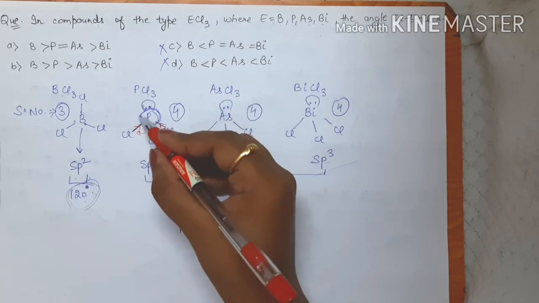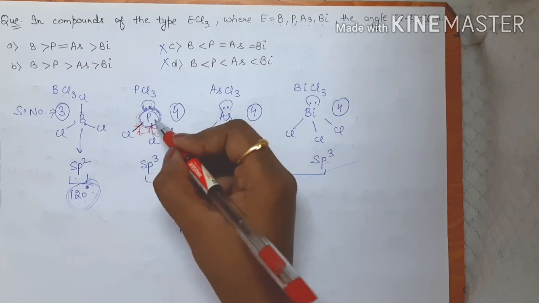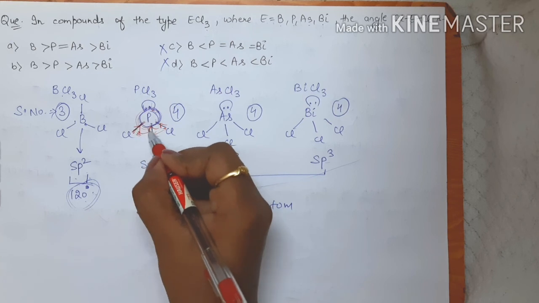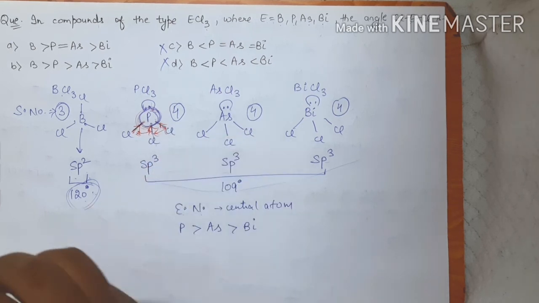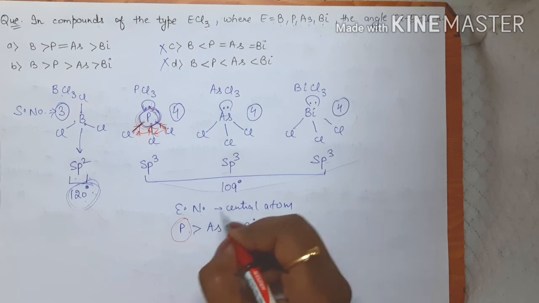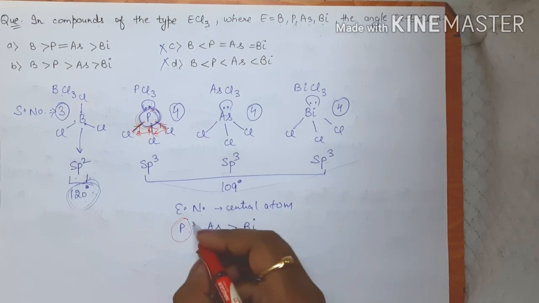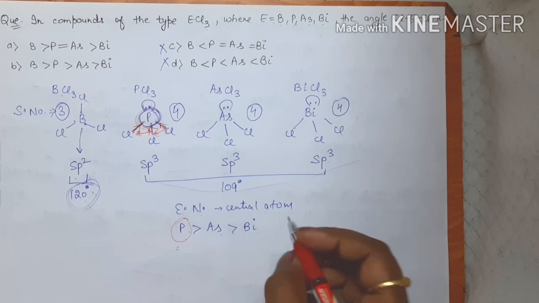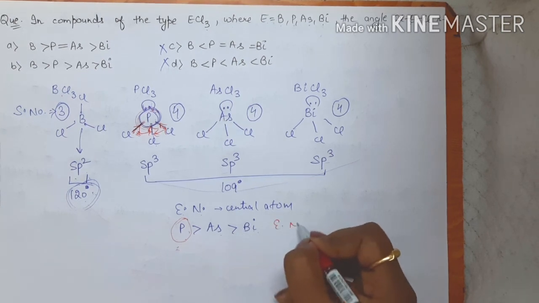So the more the electronegativity of the central atom, the more the repulsions and the more the bond angle. Because phosphorus is the most electronegative out of these three, PCl3 is going to have the larger bond angle also. So this is the electronegativity trend.